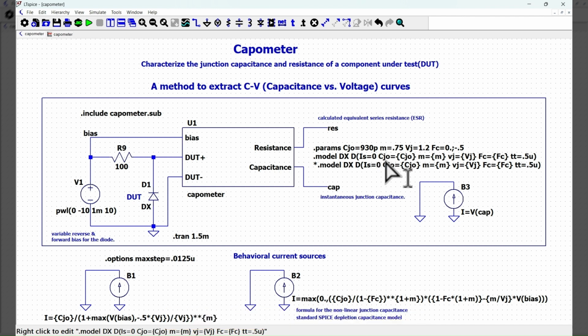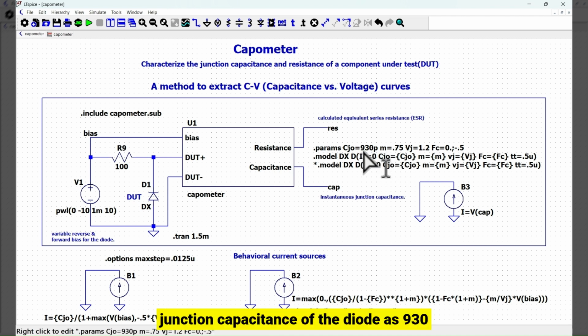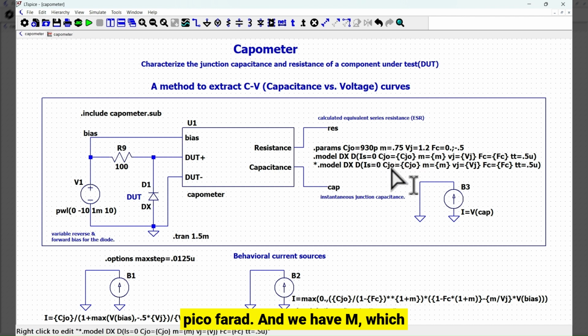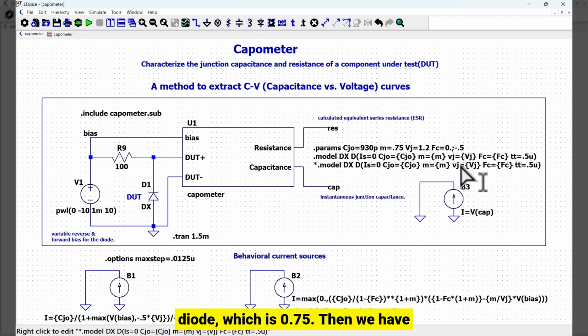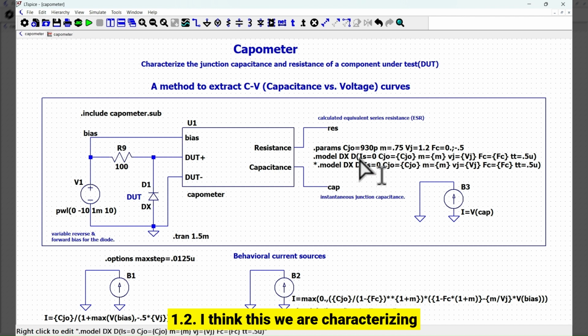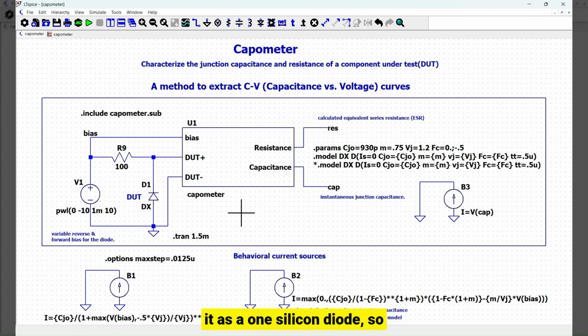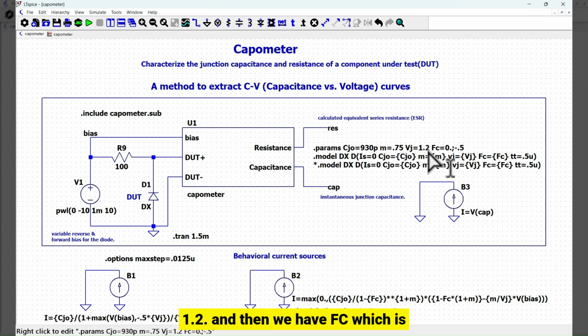We have the junction capacitance of the diode as 930 picofarad, and we have M, which is the grading coefficient of the diode, which is 0.75. Then we have junction potential, which is 1.2. I think we are characterizing it as a silicon diode, so 1.2.